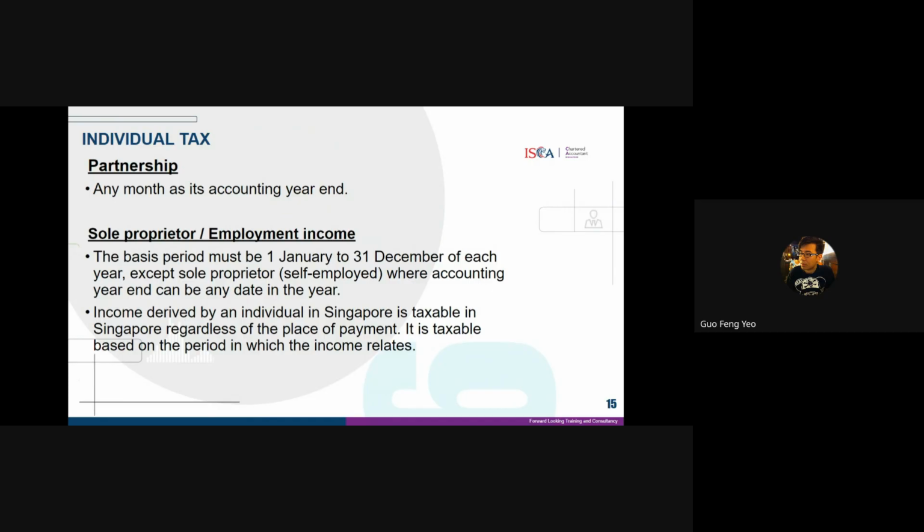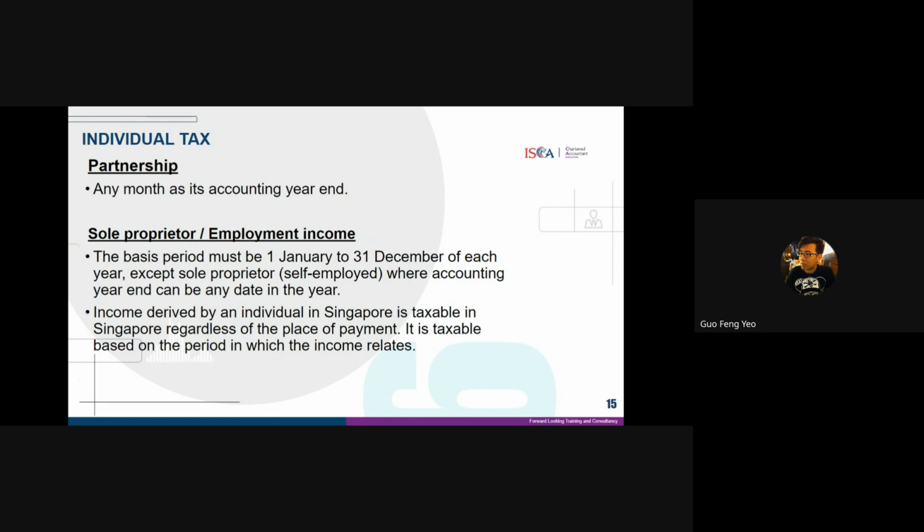So for this module, what you need to understand is for partnership, the accounting year end will be taken as the basis period. So for example, if the partnership's year end is 30th June, then the YA 2024 basis period for the partnership would be 1st July 2022 to 30th June 2023.